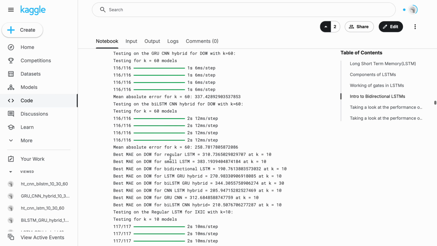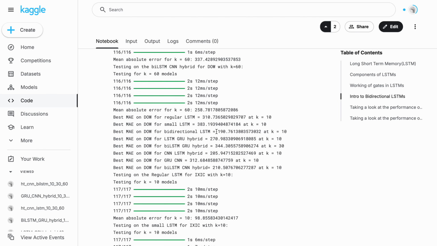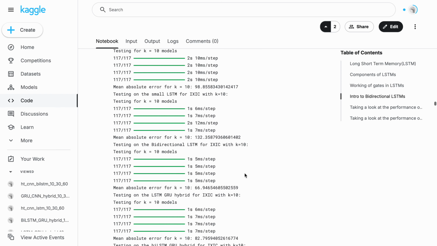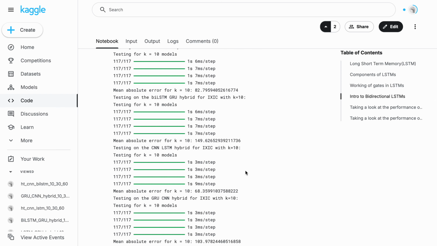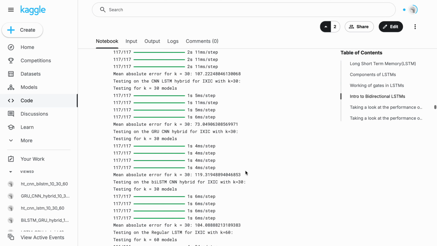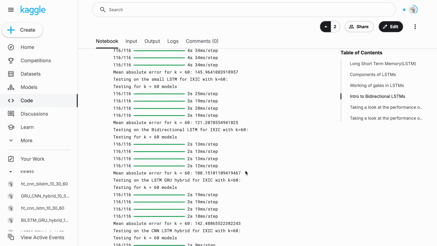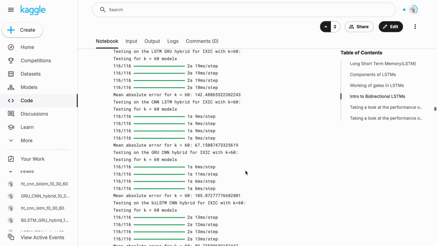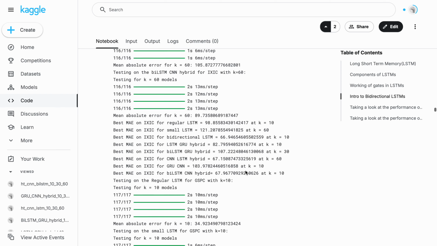So on Dow Jones you can clearly see that bidirectional performed the best, followed by the CNN LSTM hybrid, and then the by LSTM CNN hybrid, all for k equal to 10. In general, the consensus is that performance was best with the bidirectional model, although the CNN LSTM hybrid also performed similarly for several models, for several indices.